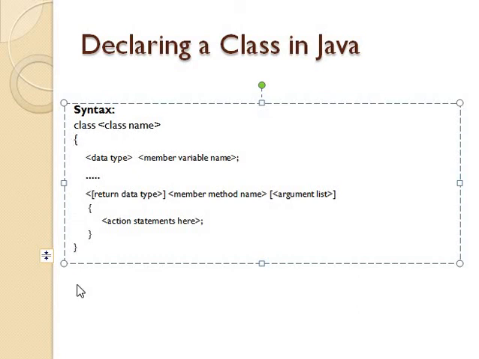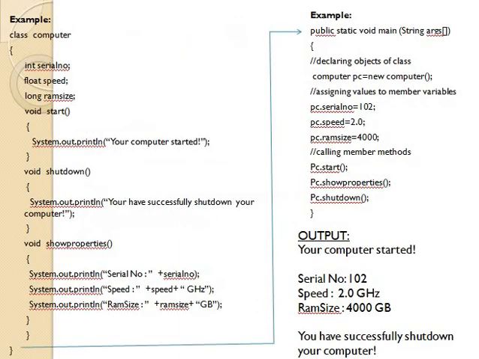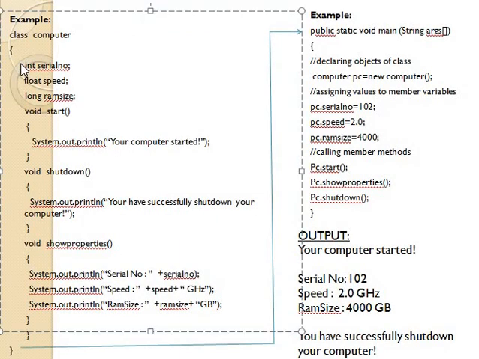Inside the body of the class, the first section is the declaration of data members. The first data member to be declared is serial no of type int. We specify it like this: int space serial no followed by a semicolon.